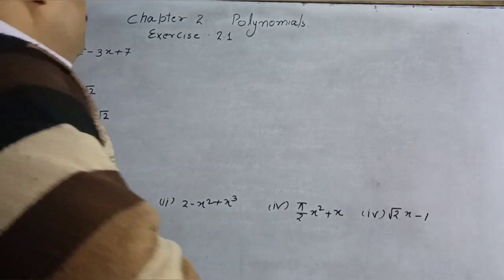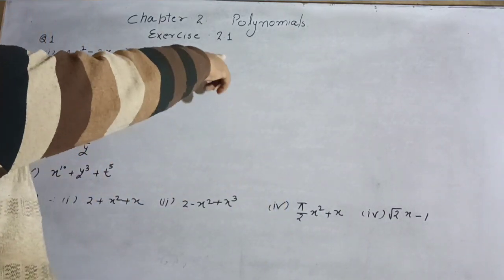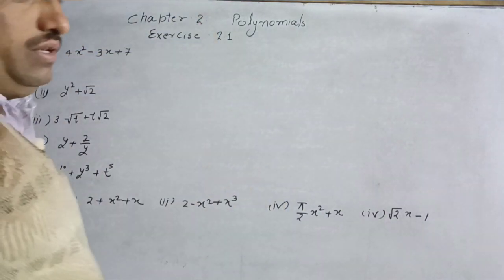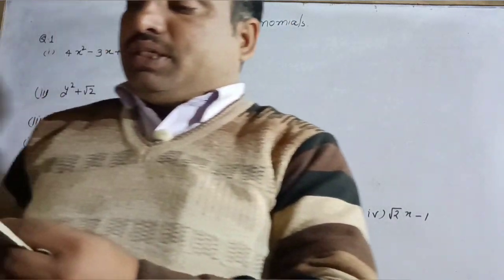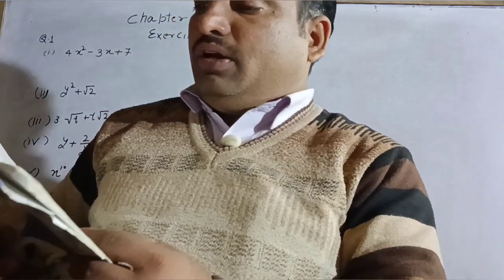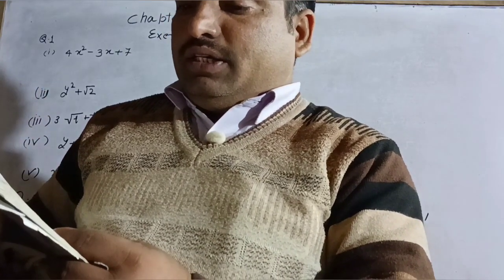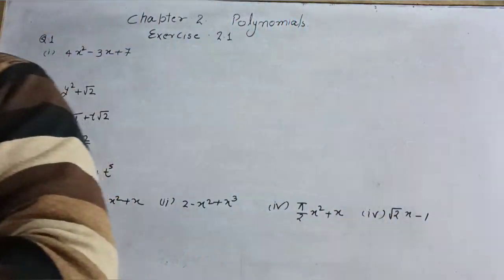Exercise 2.1, chapter 2, polynomials, NCERT book class 9. Given which of the following expressions are polynomials in one variable and which are not, state the reason for your answer.